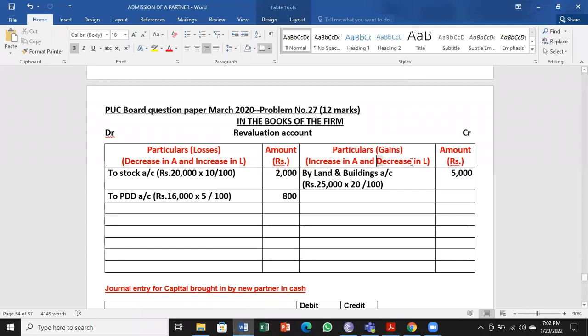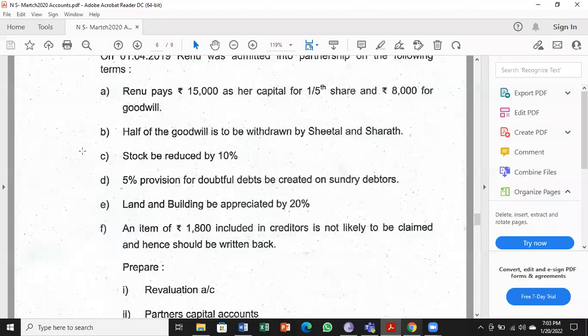So decrease in liability will be on the credit side. So it is a gain to be taken on the credit side of revaluation account, creditors account. It is not a provision or reserve, remember. So C, D, E, F, all four adjustments are done.